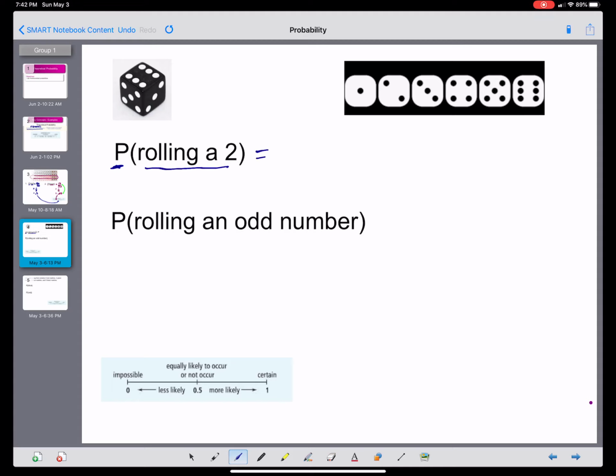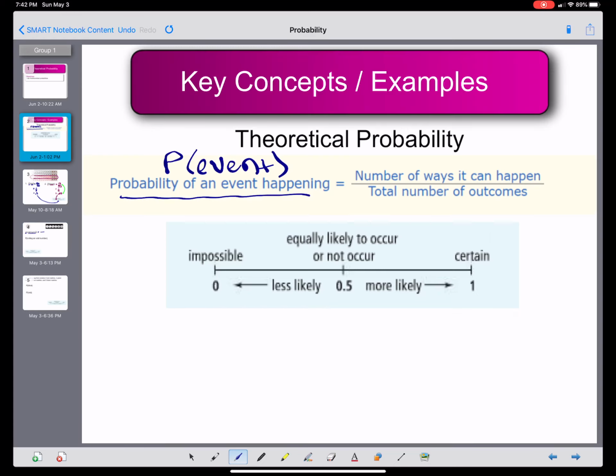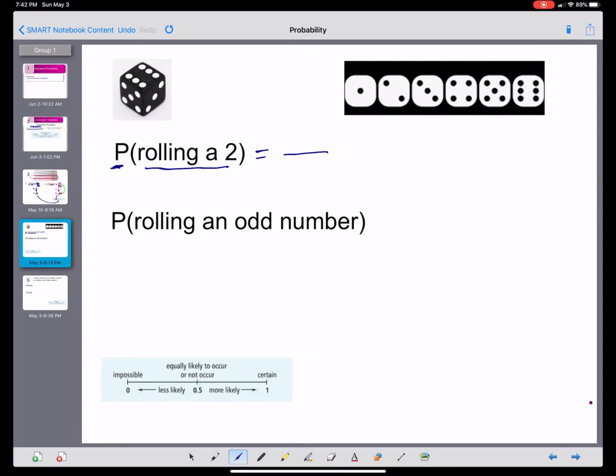Going back to the first slide, we need to find the number of ways it can happen. How many 2s are there? There is only this 2, so there's 1 2. How many are there in total? There are 6.